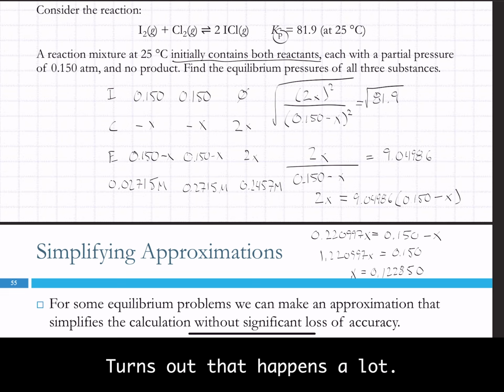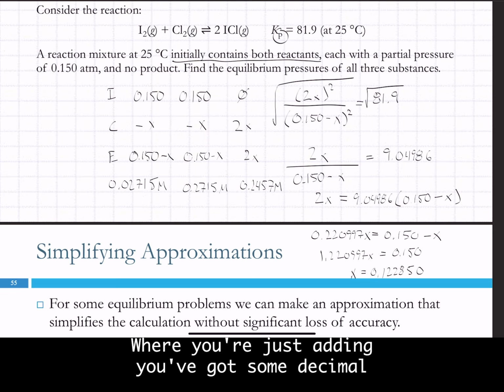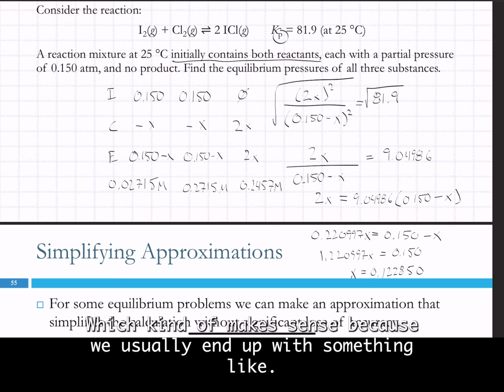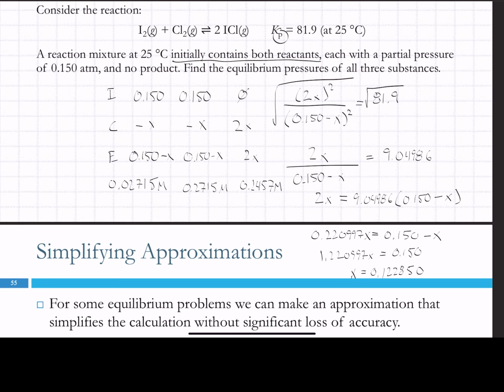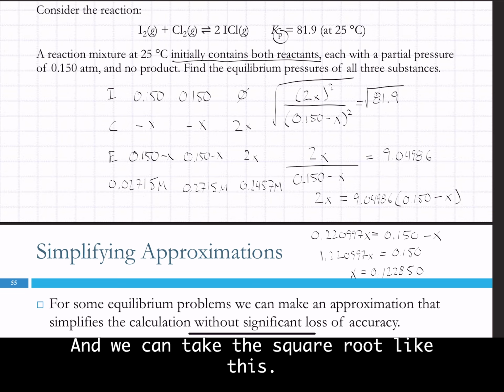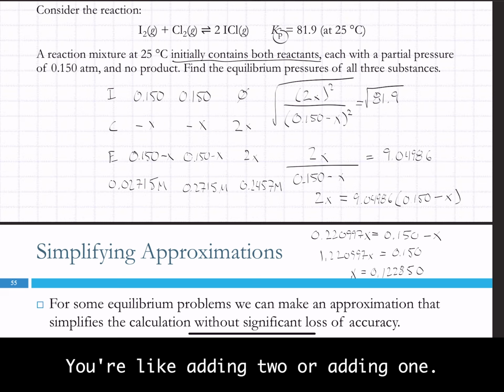Turns out that happens a lot. Where you've got some decimal and then you're adding a whole number of X to it, which kind of makes sense because we usually end up with something like 2X here, which then gets squared and becomes 4, or it's 2X and we can take the square root like this. So you're adding 2 or adding 1.